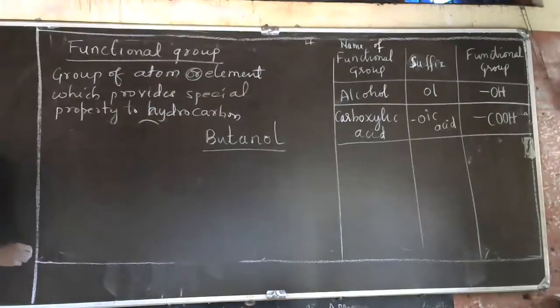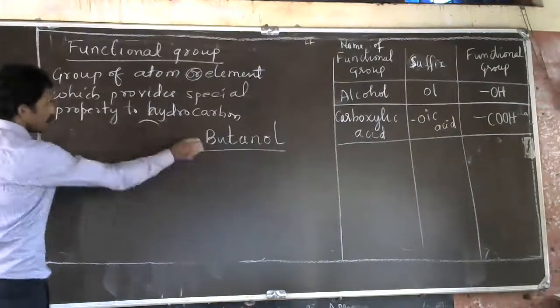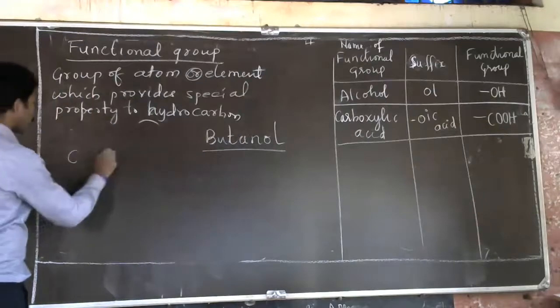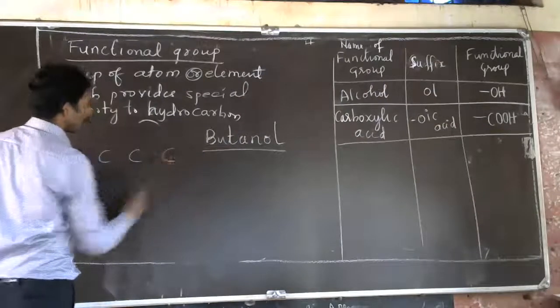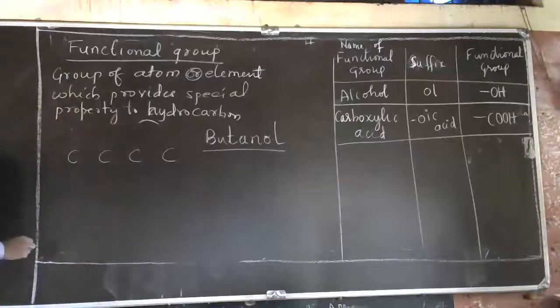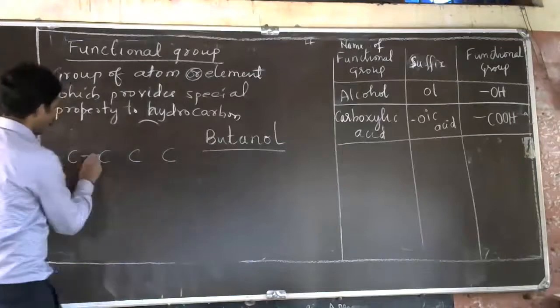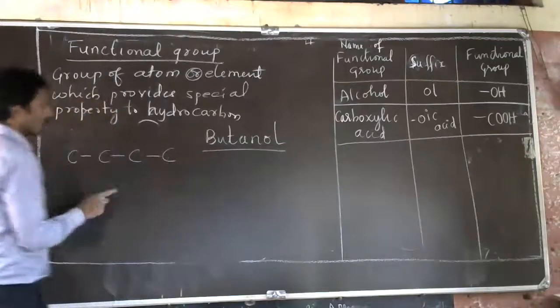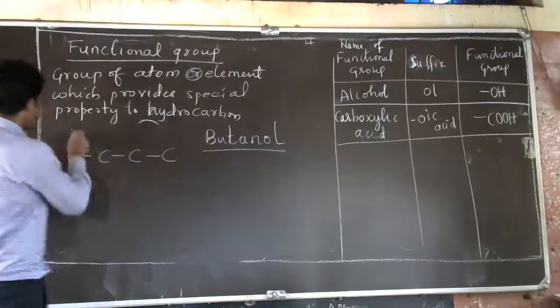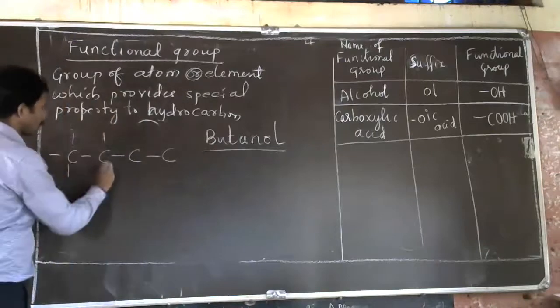So butanol. But means how much? But means 4. 4 carbons you have to write. 1, 2, 3, 4 carbon atoms with single bonds between them, and put all the hydrogen over here.